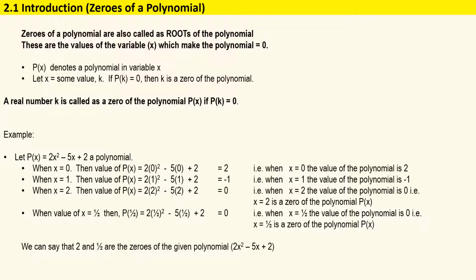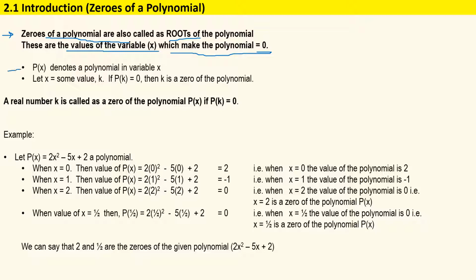Now let's see what are zeros of a polynomial. Zeros of a polynomial are also called roots of the polynomial, and these are the values of the variable x which make the polynomial equal to 0.